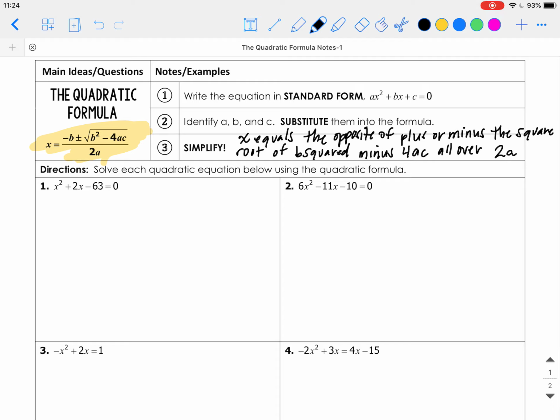So again, I would definitely write this sentence down, repeat it to yourself over and over again, just to help yourself memorize this formula. The quicker you memorize this formula, the more painless this entire lesson will be, I promise.